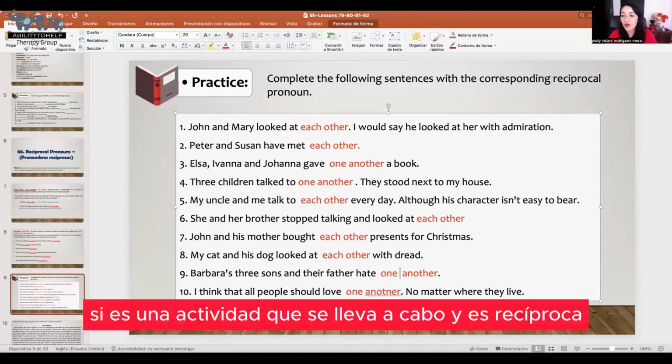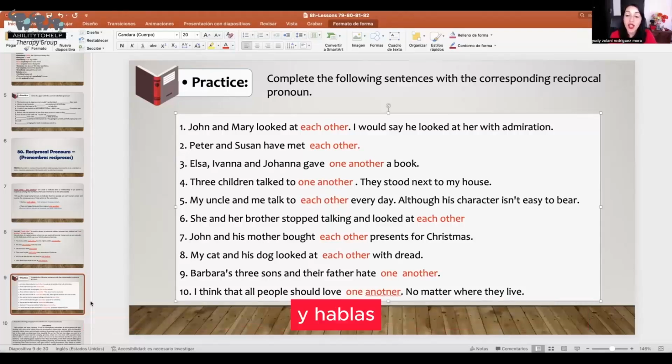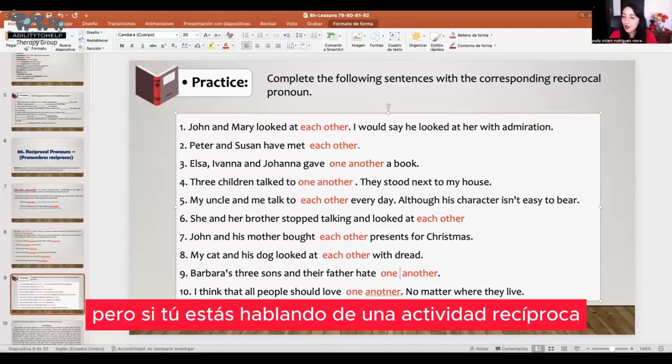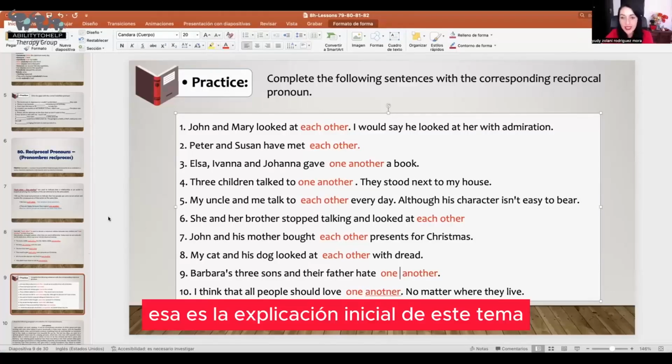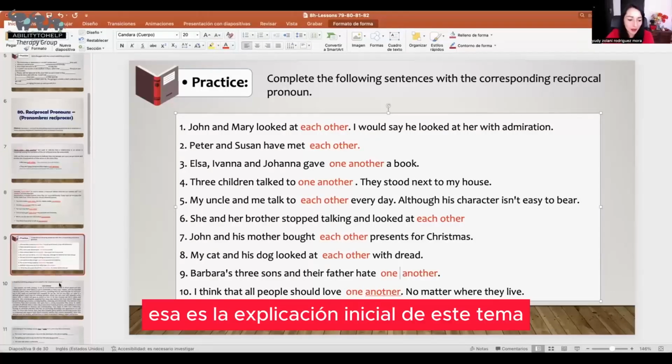El secreto, si es una actividad que se lleva a cabo y es recíproca y hablas de 2 personas, vas a utilizar each other. Pero si tú estás hablando de una actividad recíproca y no es solamente con 2 personas, sino más de 2 personas, vas a utilizar one another. Esa es la explicación inicial de este tema.